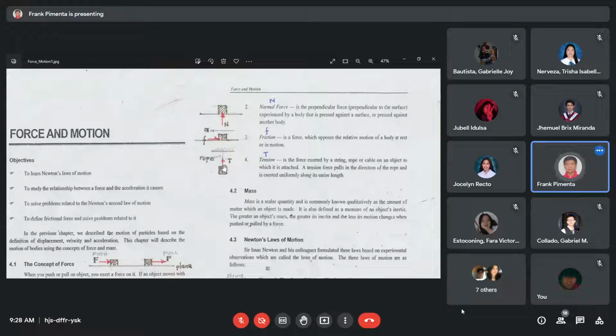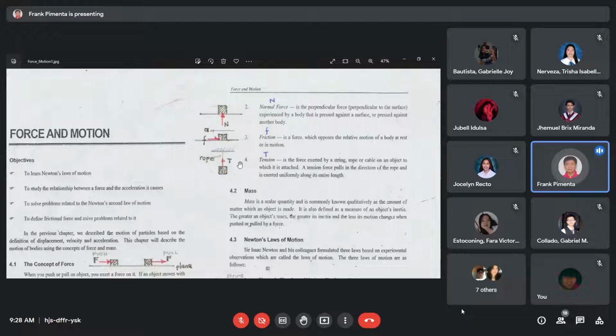It is exerted uniformly along the entire length of the rope here. So that's the concept of tension. Pag sinabi ang problem string, so meron kagad tension. That is the tension exerted by the string.